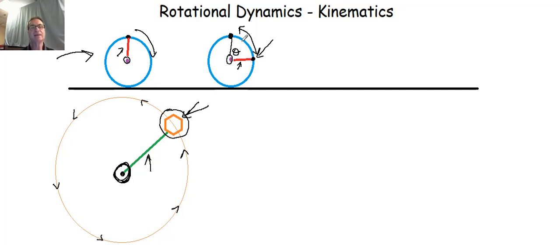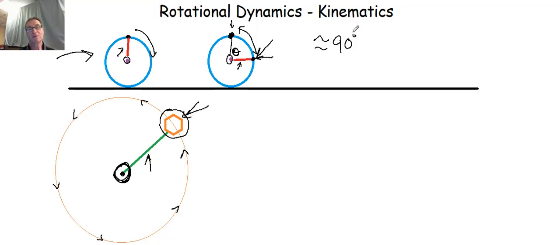And in rotational dynamics, instead of dealing with lengths in meters, we're dealing with things that are spinning around, and as things spin around, they go through some angle, okay? So my wheel started at the top point up here. It is now at this point over here. My wheel has gone through some angle theta, and it looks like it's about 90 degrees, okay?